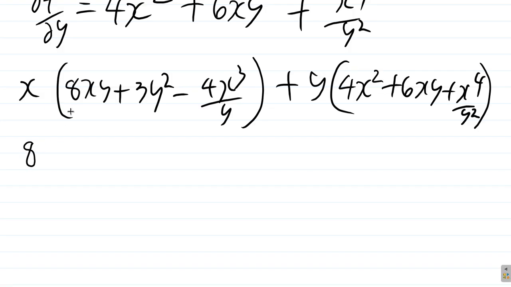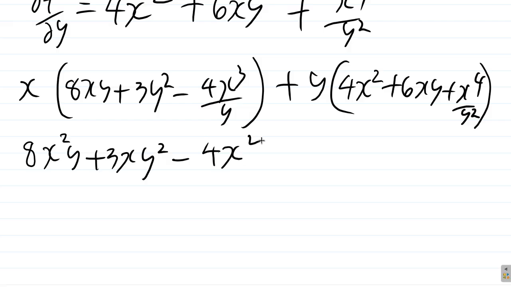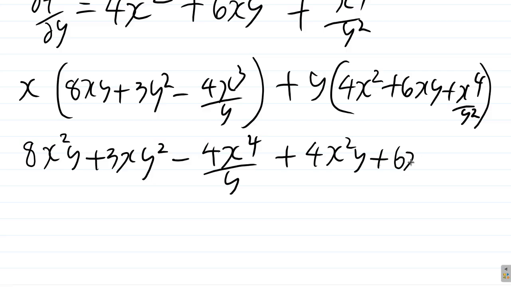When you open the bracket, 8x squared y plus 3x y squared minus 4x to the 4th over y plus 4x squared y plus 6x y squared plus x to the 4th y over y squared. Alright, let's see what we can simplify.